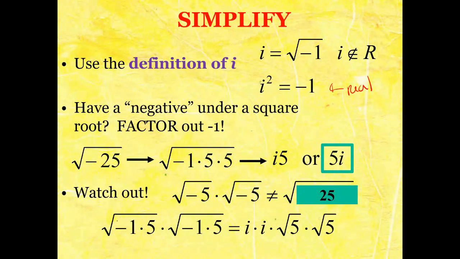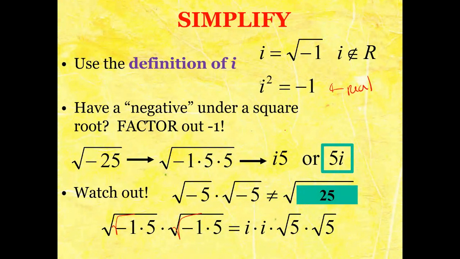I need to know that this is the square root of -1 times 5 times the square root of -1 times 5, and the square root of -1 is i. The square root of -1 is i. So I need to break it up like this.